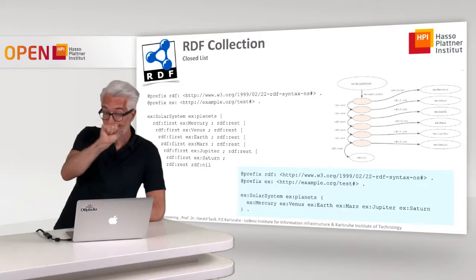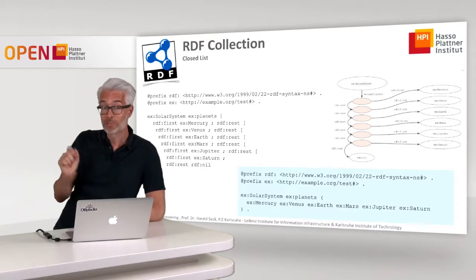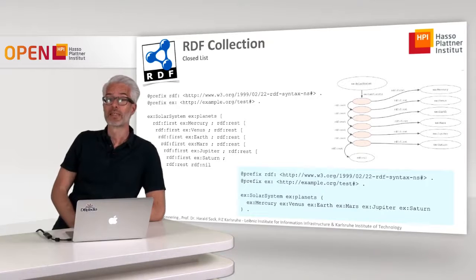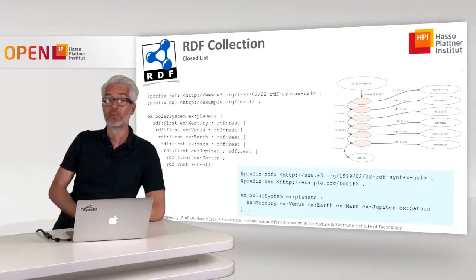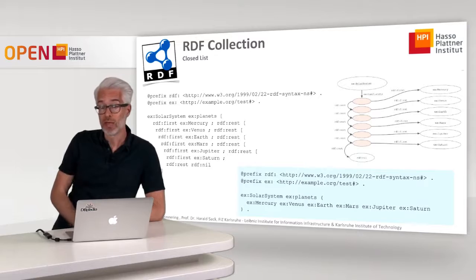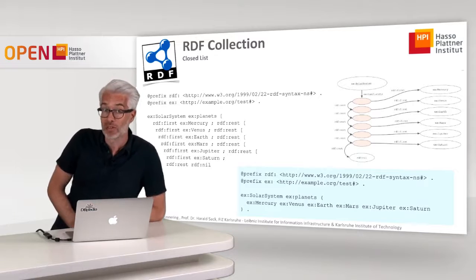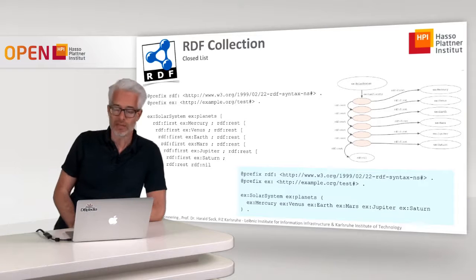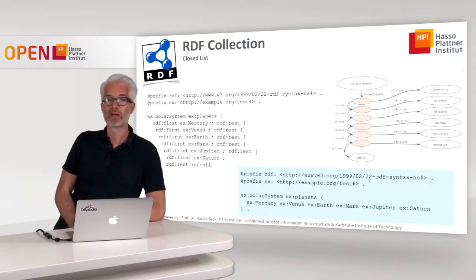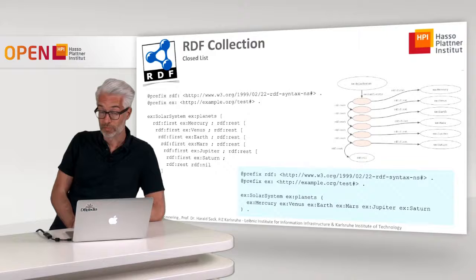Then you write all the constituents, all the parts of the collection, as a single list, separated simply by blanks, of URIs, which are only the URIs of all the objects that are contained in that collection. Then you close your parentheses, you make a period, and that's it. This is a rather easy way to define an RDF collection.